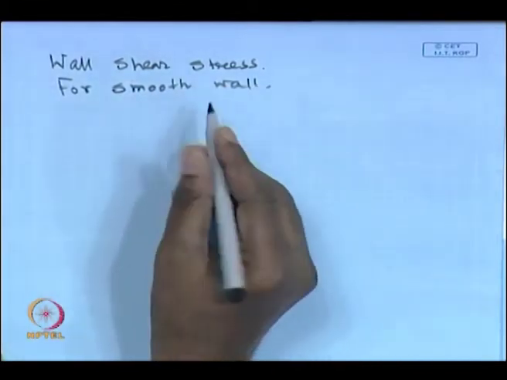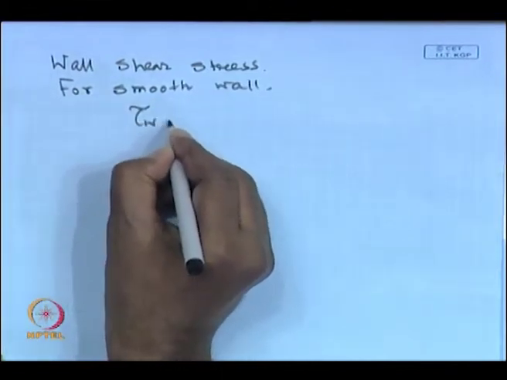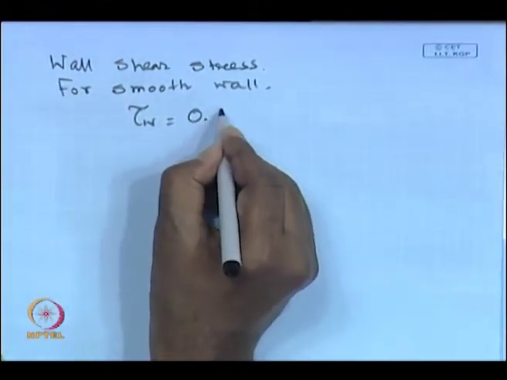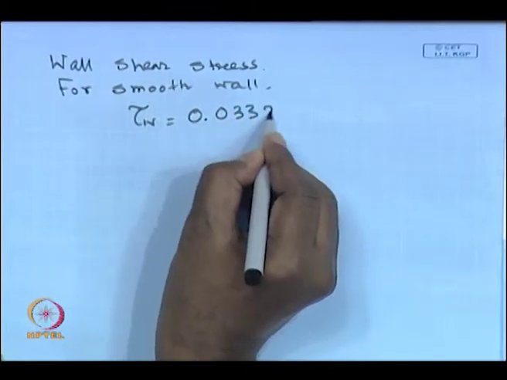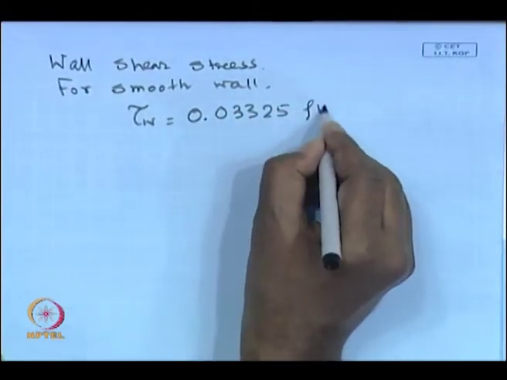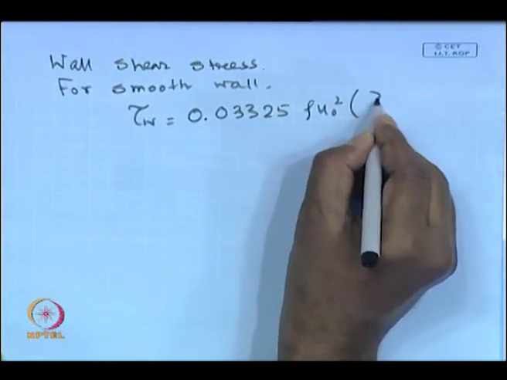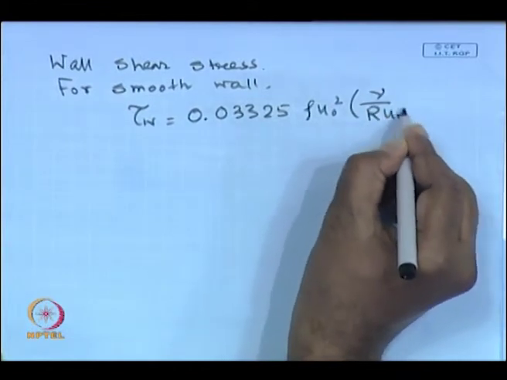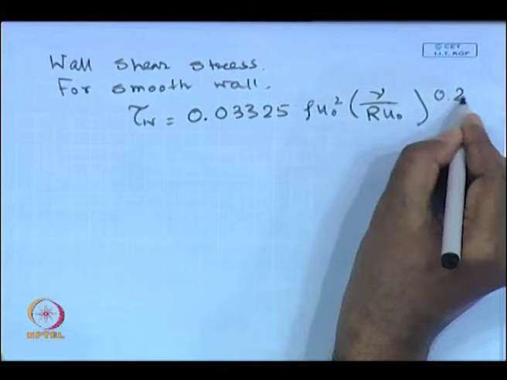I think this is known as the Fanning friction factor. This tau w becomes given as 0.03325 rho u naught square nu over r u naught raised to the power 0.25.